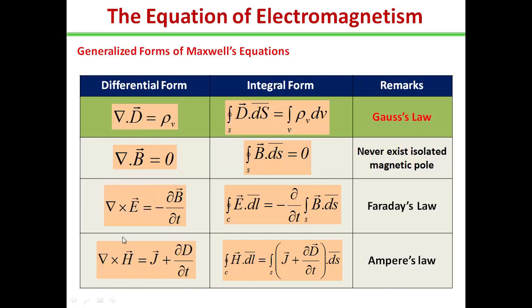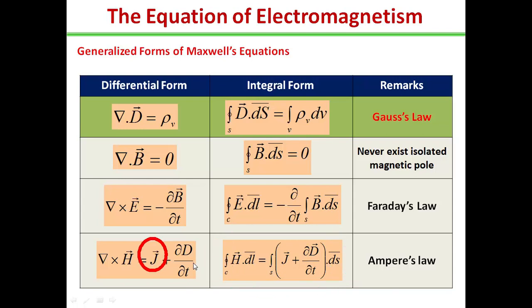The fourth law of magnetism, that is Maxwell's fourth equation, is given by del cross H is equal to J plus del D by del t. In the integral form, it is written as closed contour integral H dot dl over contour C is equal to the surface integral over surface S of J plus del D by del t dot dS.